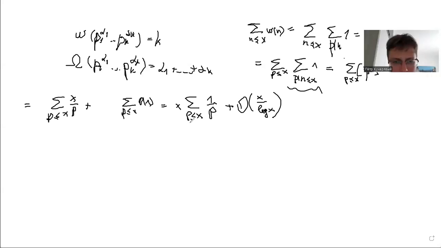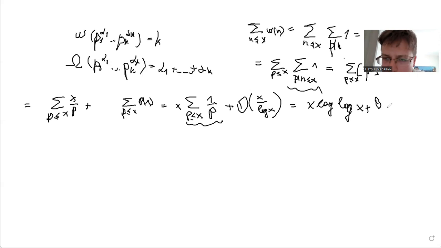This sum we also know a formula for: it's logarithm of logarithm of x, plus some constant M, called the Mertens constant, plus this term. But for this exercise, let us write big O of x.